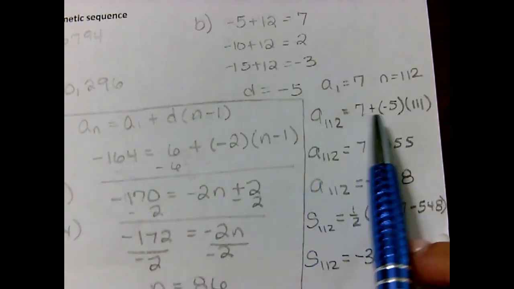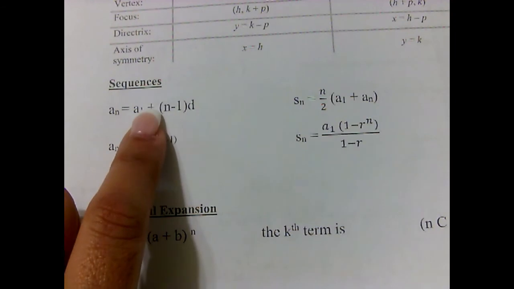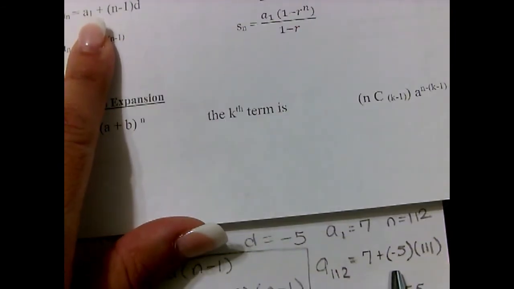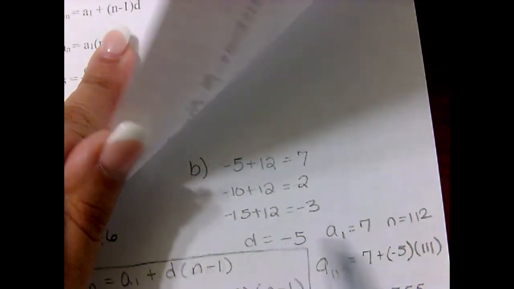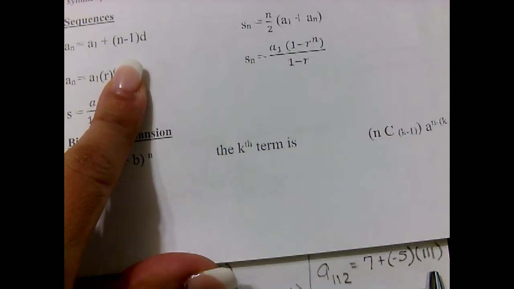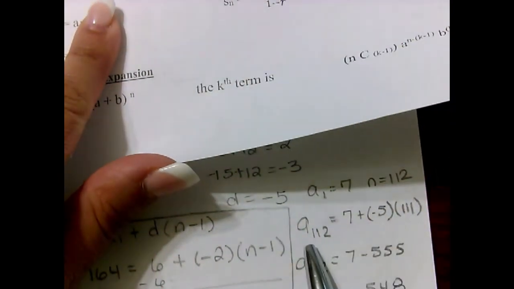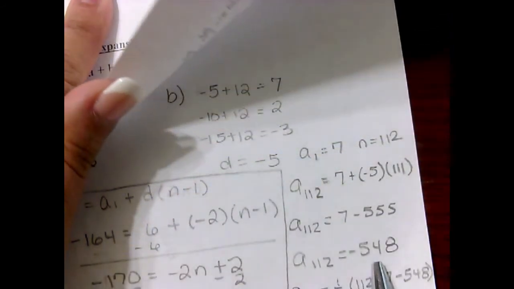Now, I did this one a little bit differently. Here, I used the original formula that I have right here. Okay, I used a of 1, which was 7, plus the difference, which was negative 5. That's the difference here, times n minus 1. n minus 1 is going to be 111, which I got from here. That ended up coming out to negative 548.